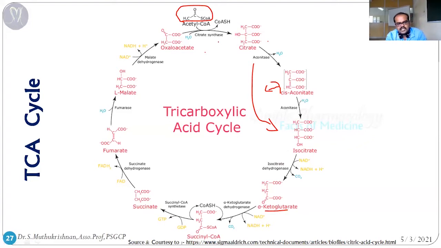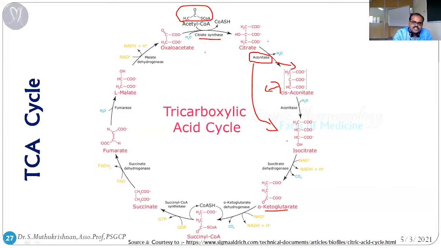You can see here this acetyl-CoA is converted into the citrate with the help of citrate synthase enzyme. That enzyme is responsible for the formation of citrate. In the second stage, you can see the aconitase enzyme. The aconitase enzyme is responsible for conversion of citrate into isocitrate, because it acts on both stages. That means it may act on the intermediate product also.